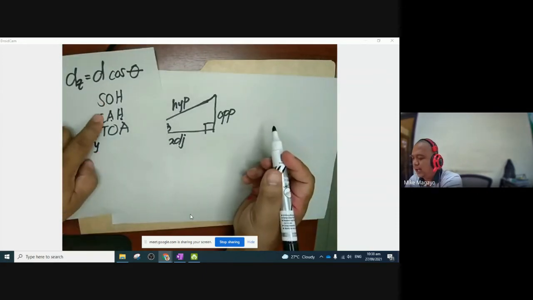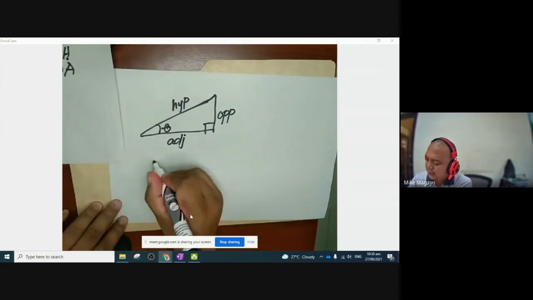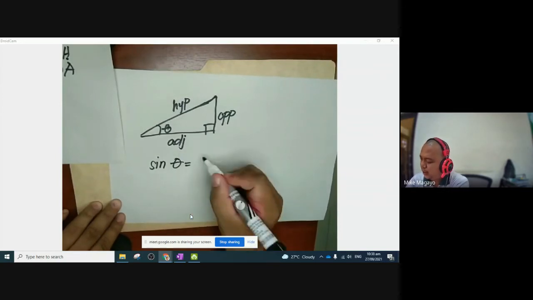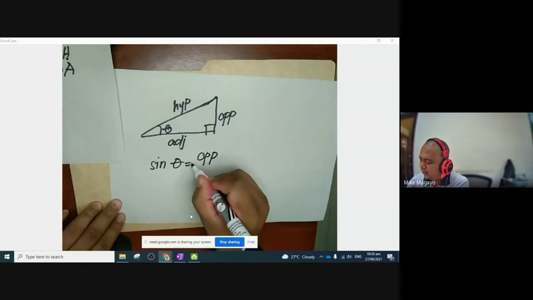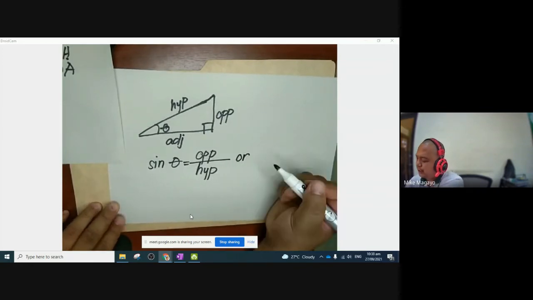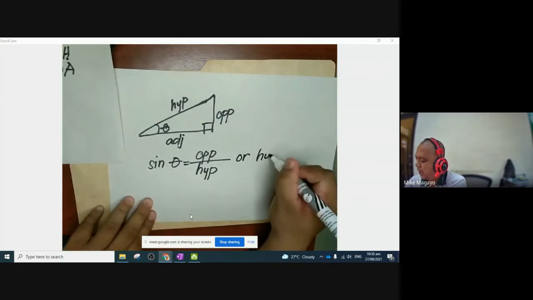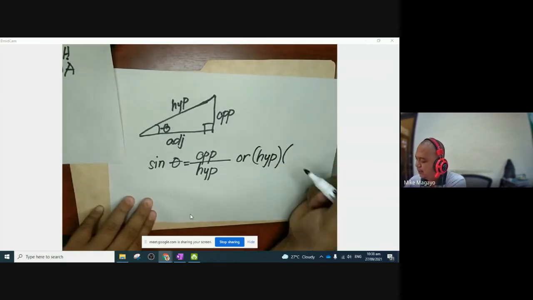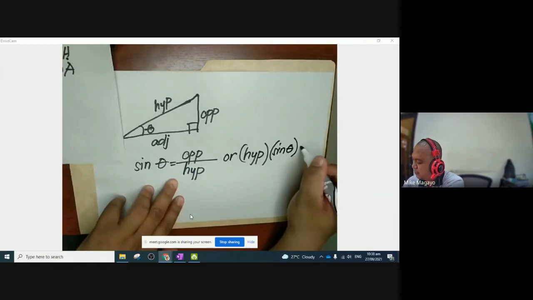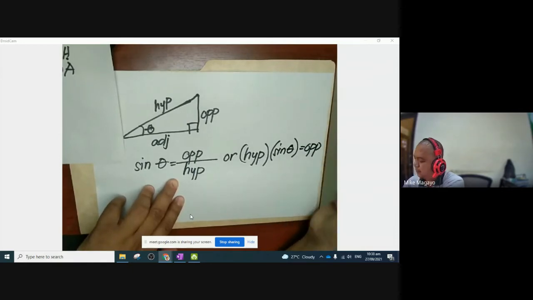It means you can calculate sine theta as opposite side divided by hypotenuse. Or, if your concern is the opposite, it means hypotenuse multiplied by sine theta gives the opposite.